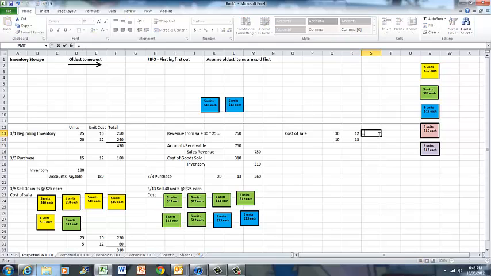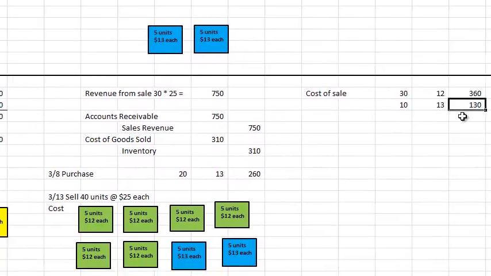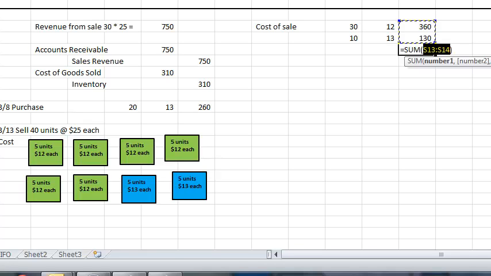So I'll calculate the total cost of the sale. 30 times 12 is $360, 10 times 13 is $130, and then I add them together, and I have $490 for the cost of the sale.